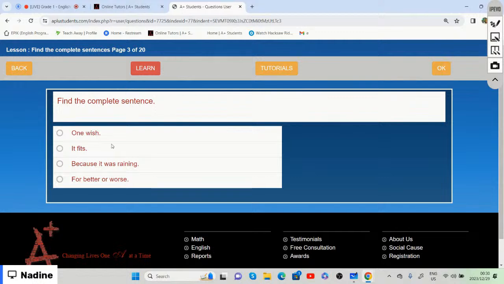So we need to find the complete sentence. One wish, it fits because it was raining, for better or worse. So one wish, it fits, because it was raining, for better or worse. Which one is a complete sentence?